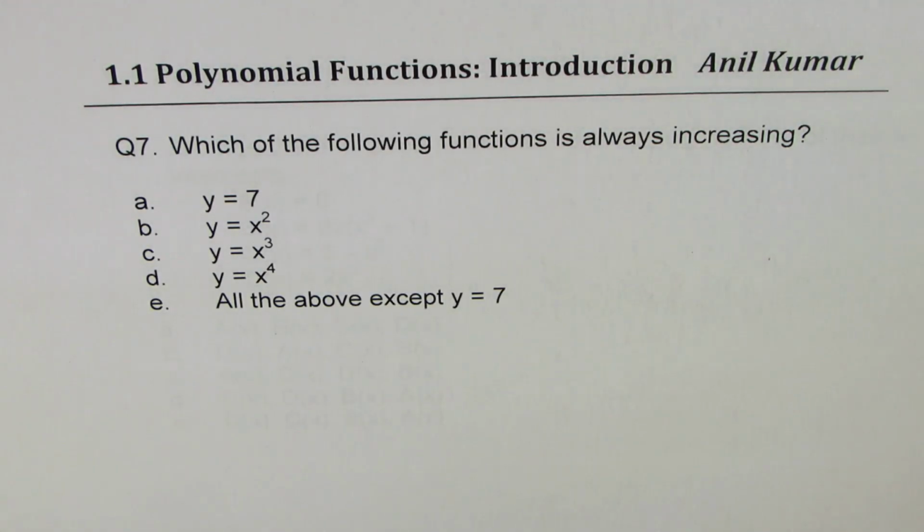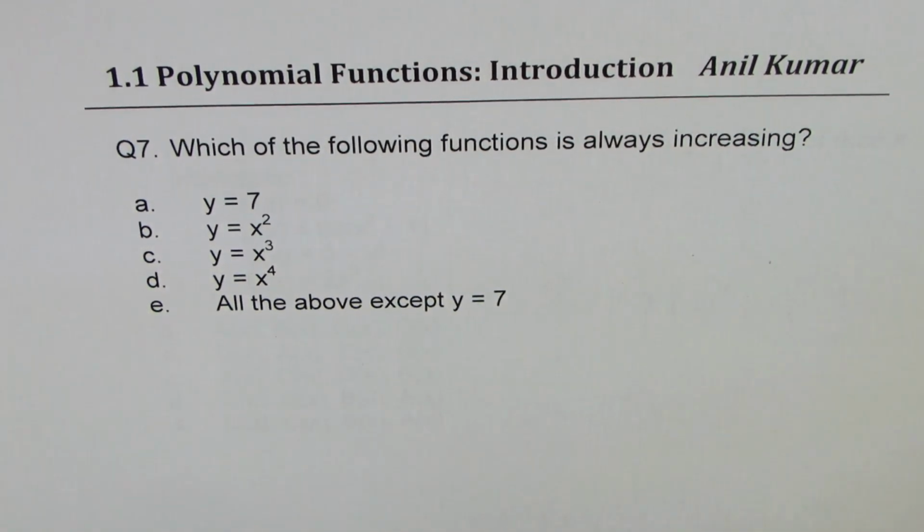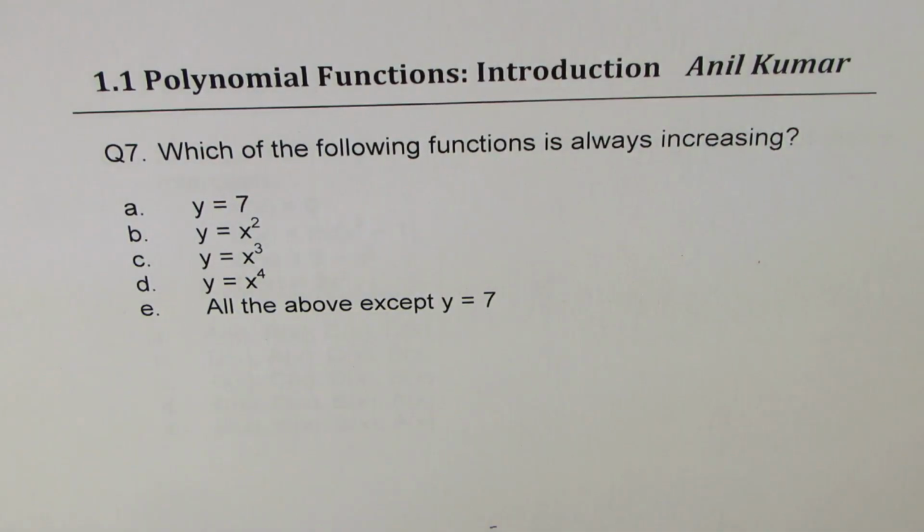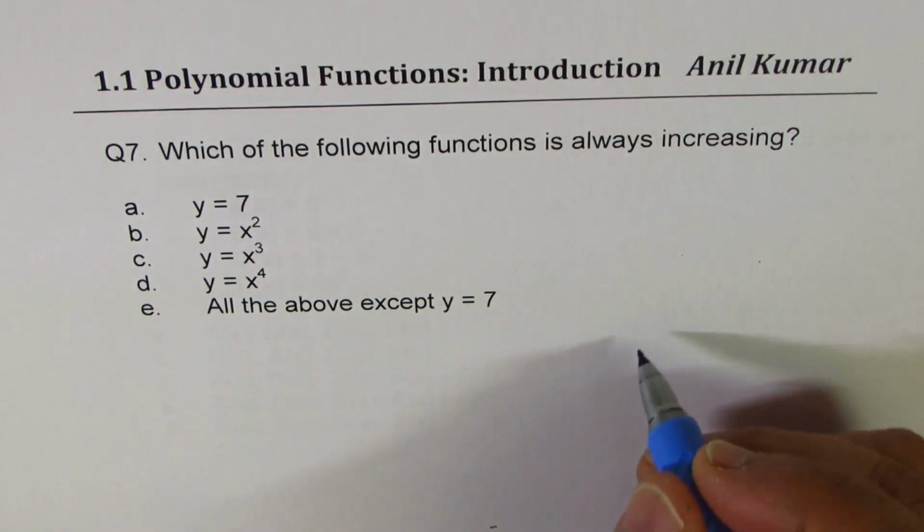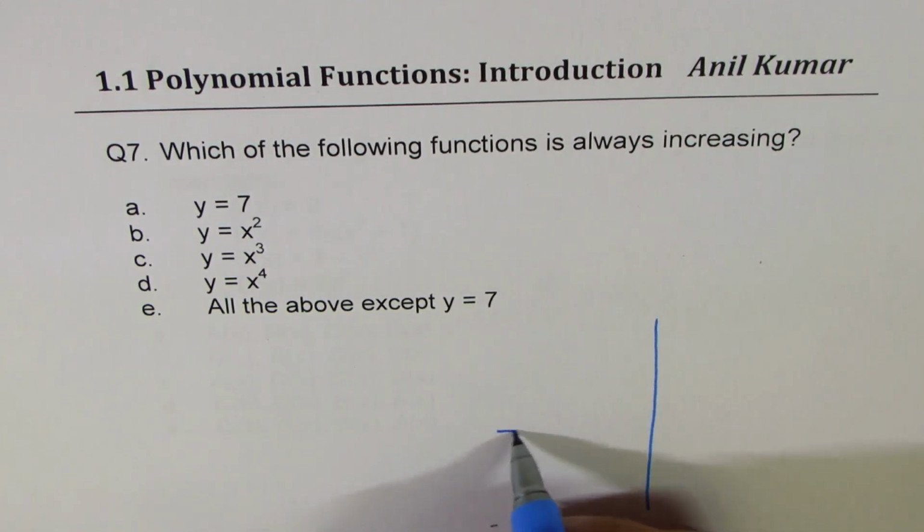The whole idea is to consolidate our learnings and understanding of polynomial functions, and these examples will help you to do so. So let's look into question number 7. Which of the following functions is always increasing? We'll also sketch them and then try to answer this question.